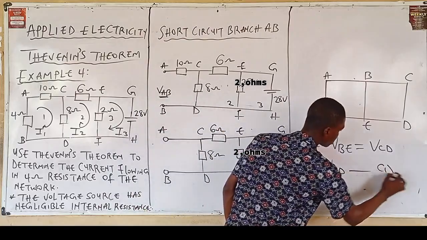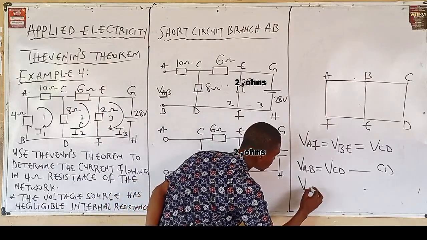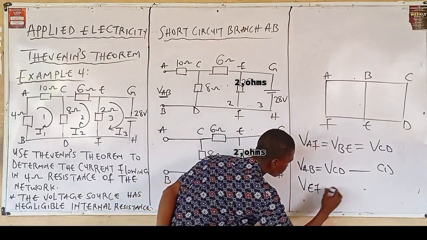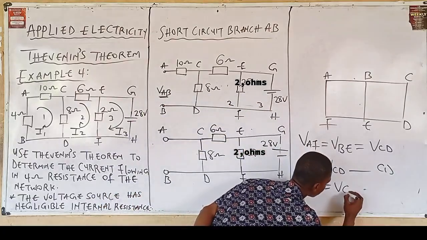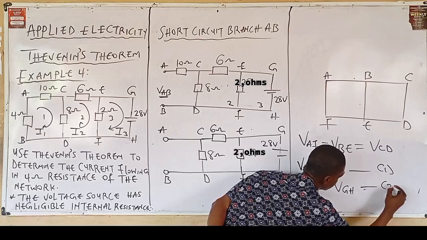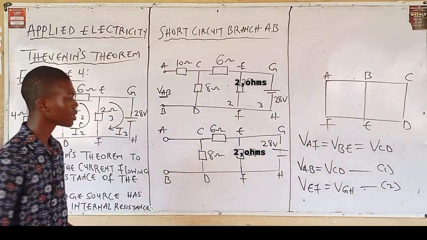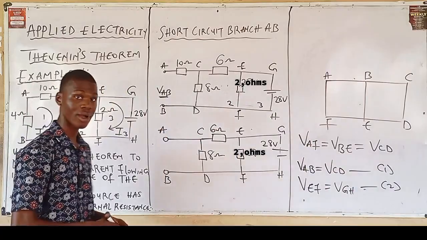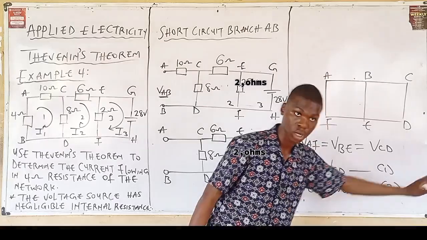Call this one. Then 2, the value of voltage in branch EF is equal to the value of voltage in branch GH. Call this 2. We are saying that for a parallel circuit, the value of voltage must be equal.